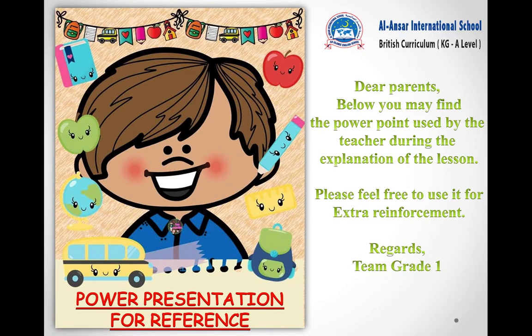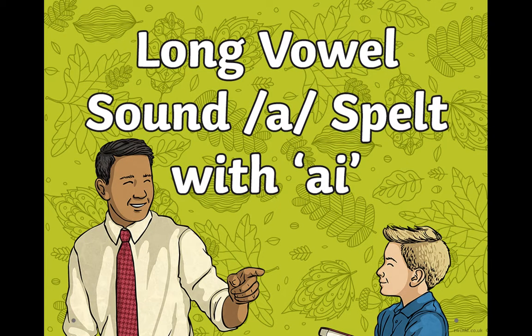Now let's get started with the lesson. Today you are learning the long vowel sound A, spelled with A-I. So the A-I sound is A. Now remember at the beginning I asked you, what sound do these two letters make? Amazing. Now you know it makes the A sound.